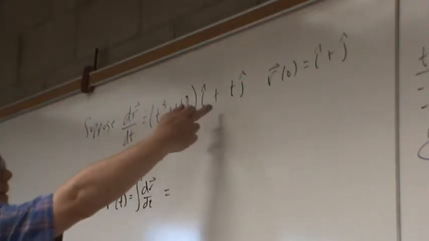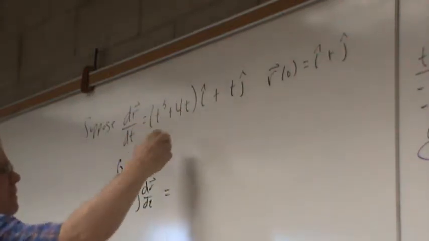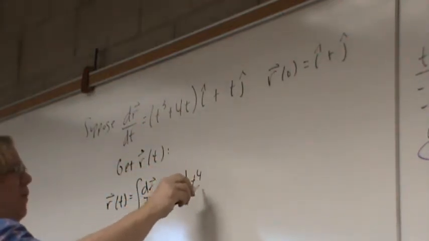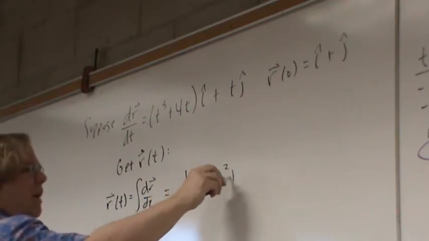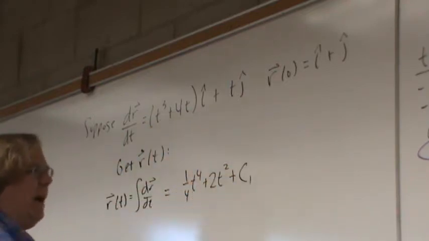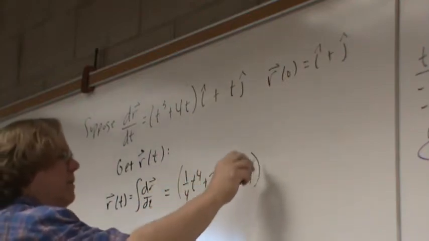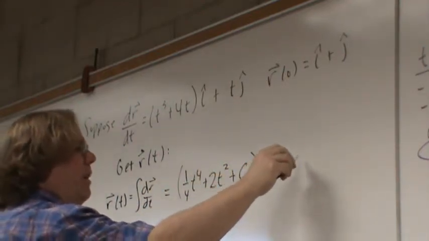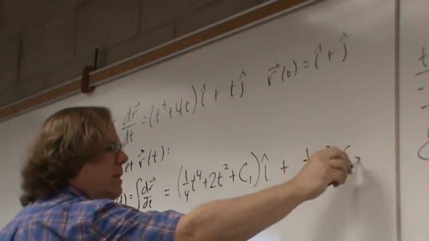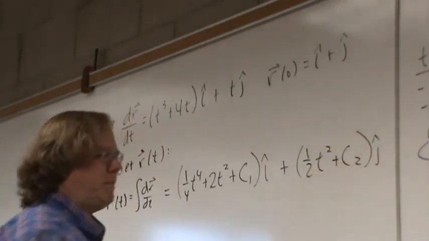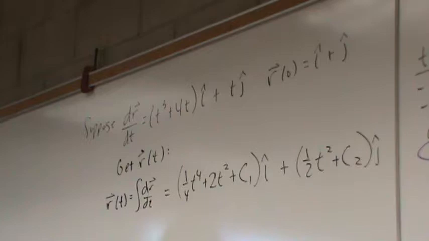When I take the antiderivative, I'm going to have 1/4 t to the fourth plus 2t squared plus a constant of integration, and I'm going to call that C1 because I'm going to get a different constant of integration for the j component. So this is going to be plus 1/2 t squared plus C2 j. And now I'm going to have to find both the i and the j components of my constant of integration.